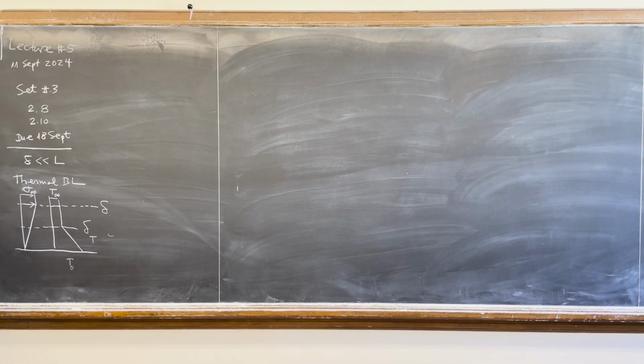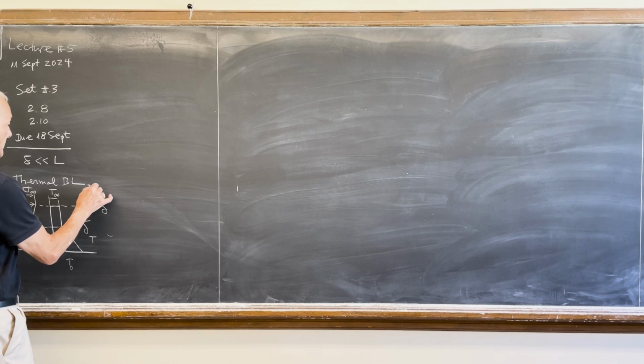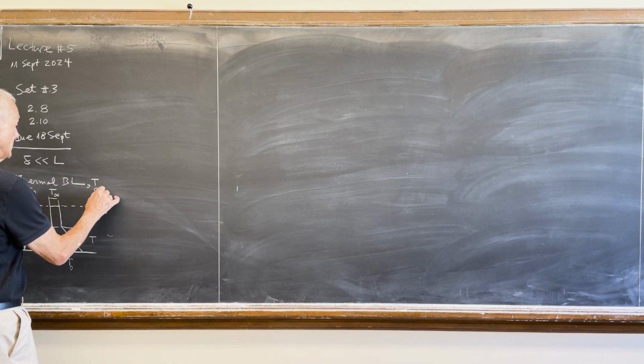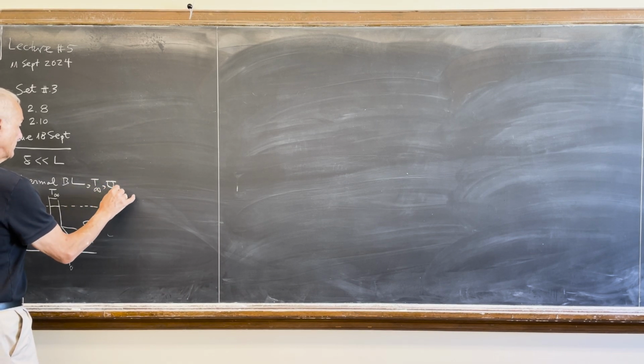So what's bathing the wall is a uniform stream of temperature T infinity and horizontal velocity u infinity.